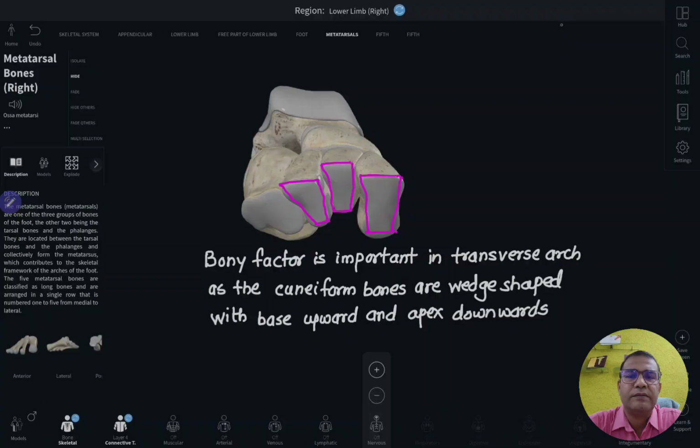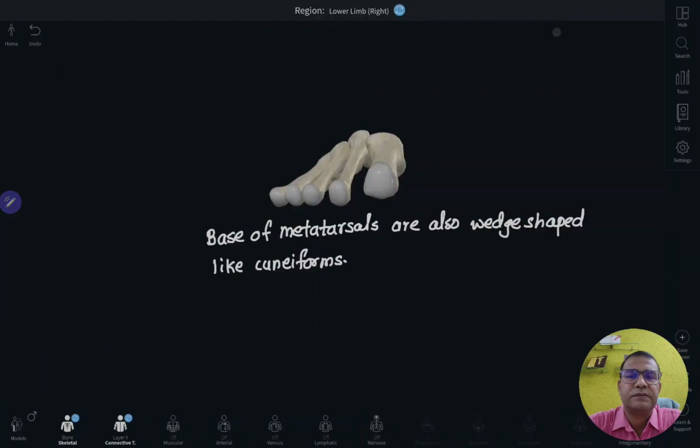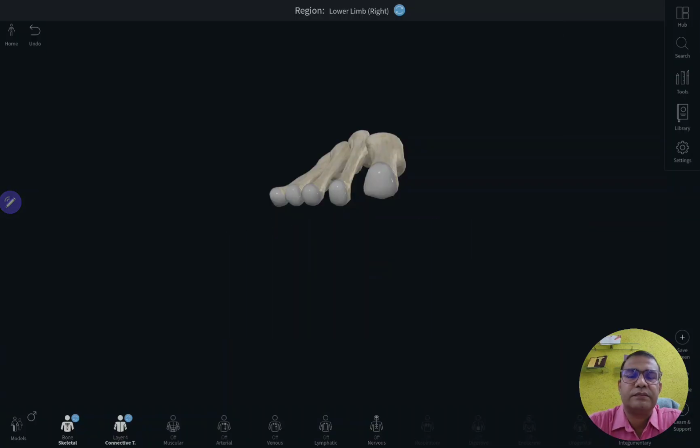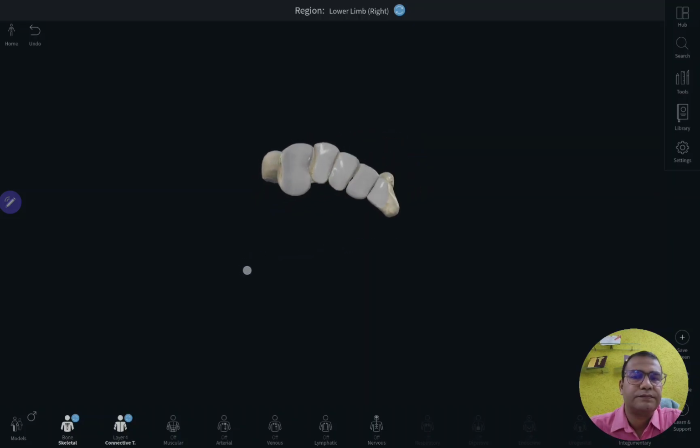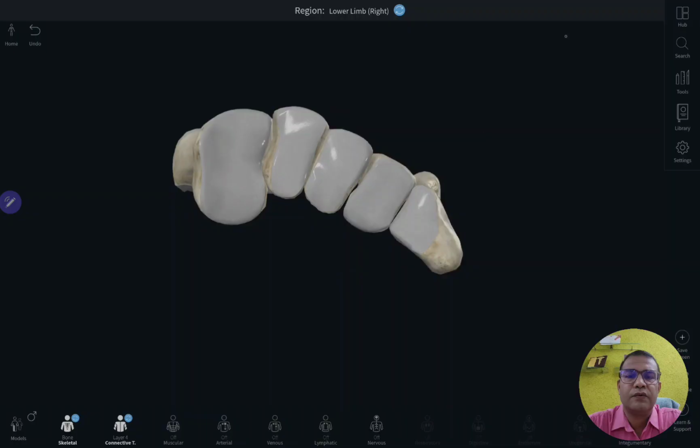So we can see here the base is broad towards the dorsal surface and the apex is pointed towards the plantar surface. Similarly, the bases of metatarsals are also wedge shaped. We can see here.